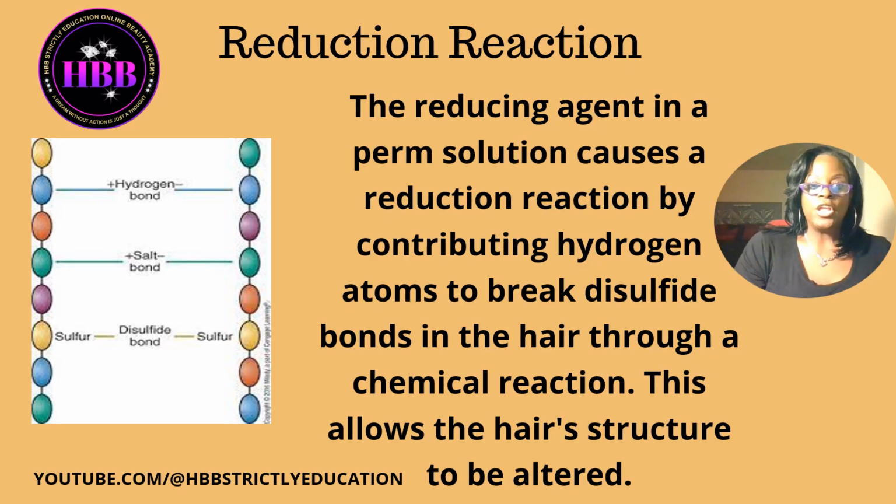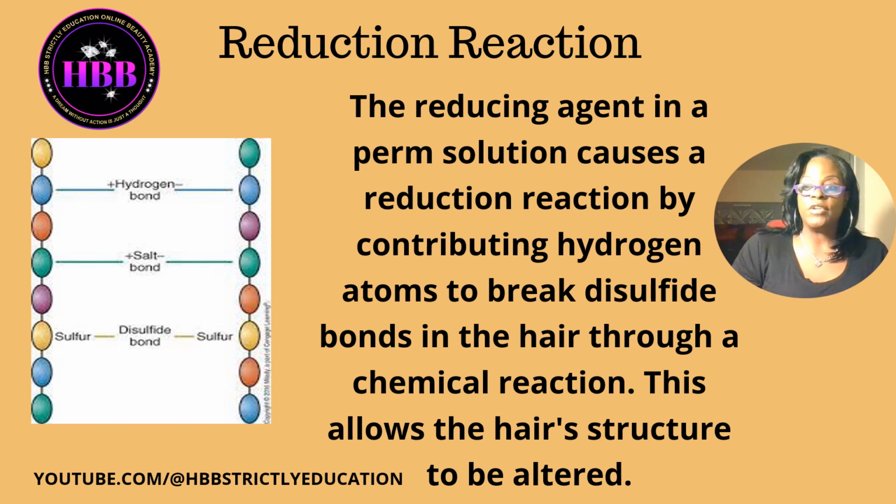Reduction reaction. The reducing agent in a perm solution causes a reduction reaction by contributing hydrogen atoms to break disulfide bonds in the hair through a chemical reaction. This allows the hair structure to be altered.